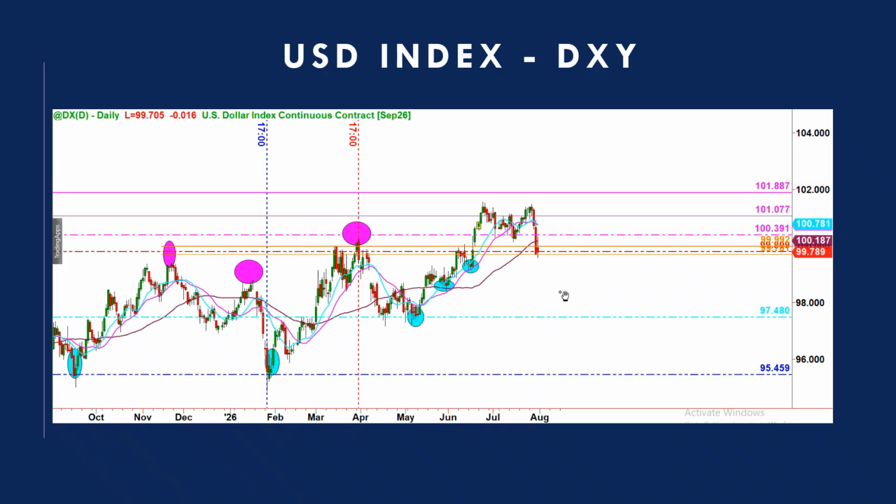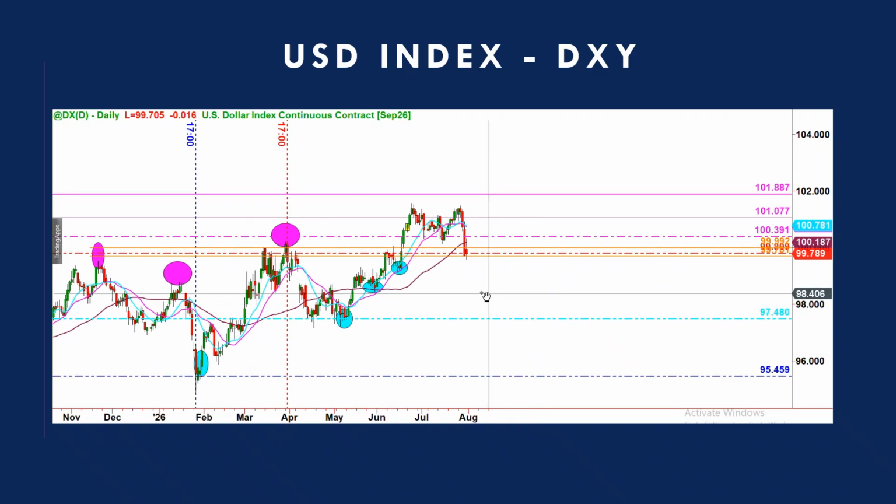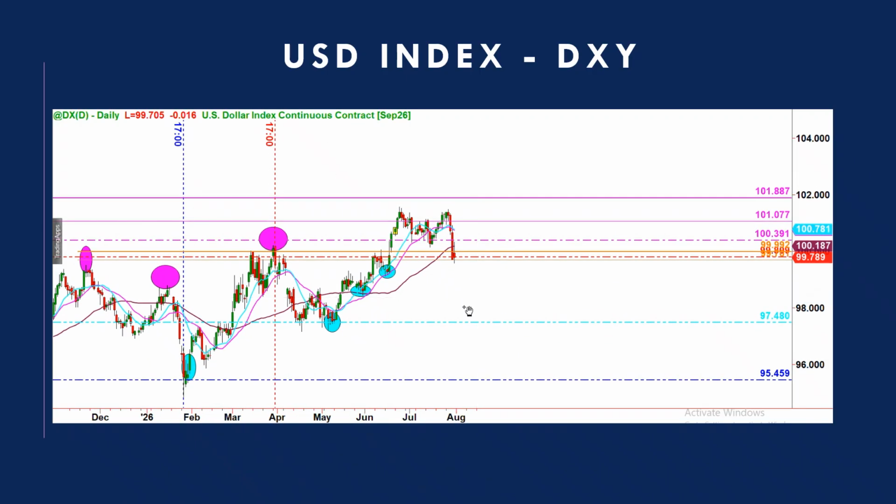about 97.48, and therefore we would expect it to find some reversal at this area if it doesn't manage to reverse out of the earlier two zones specified at 99.27 and 98.56.